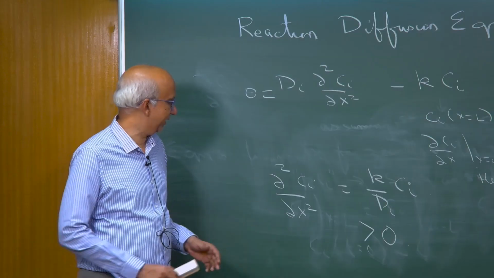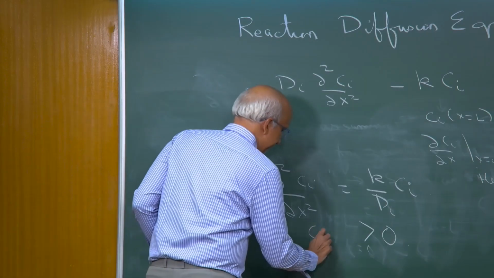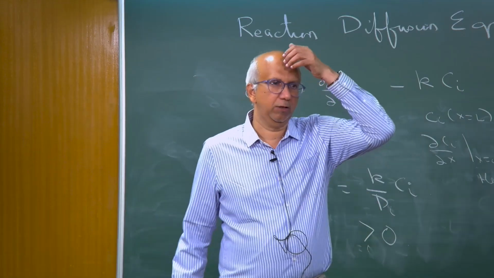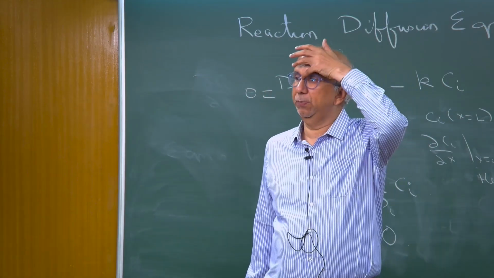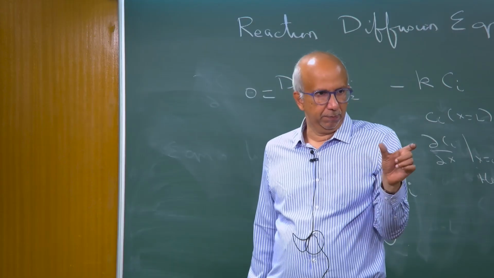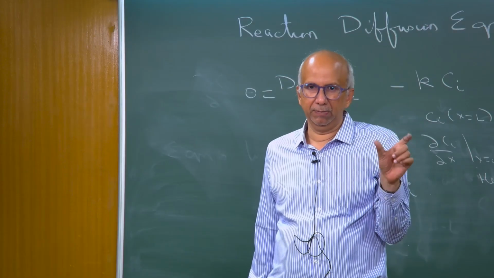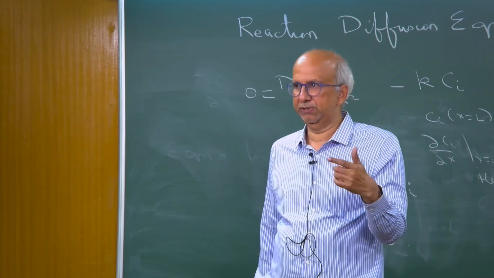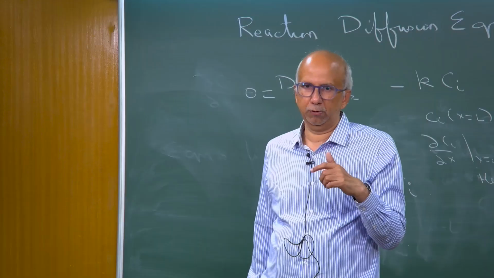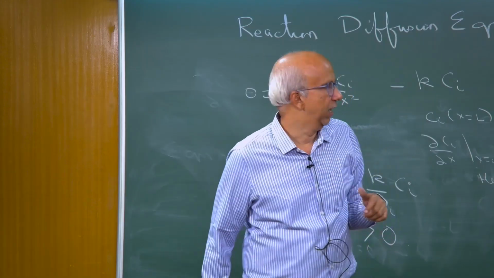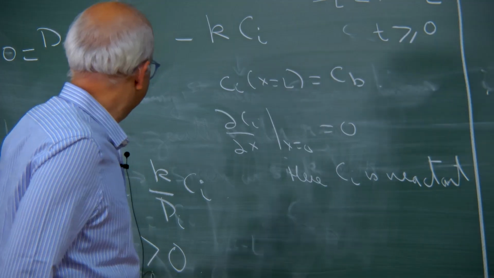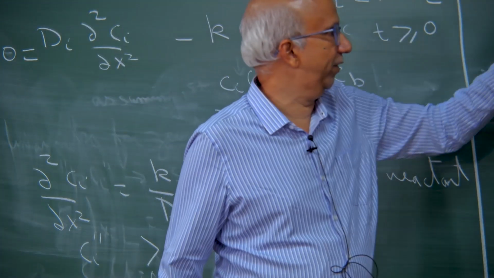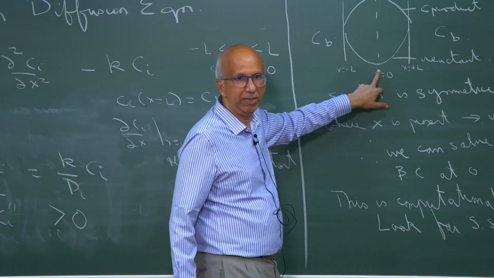So Ci double dash, d squared Ci by dx squared, is greater than 0. If you remember your calculus, Ci double dash greater than 0 means what? That is the condition for a minima. For a minima, the first derivative has to be 0 and the second derivative has to be positive. This is a hint that this concentration profile has a minima inside.